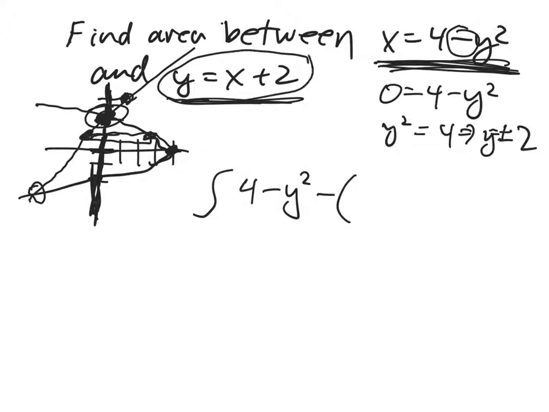Okay, correct. We've got to change this to x equals something. So make sure everything, if we're looking at a horizontal slice like this, one part will probably already be in terms of x, but the other part may not be. So solve for x, and the function in terms of y will be y minus 2.